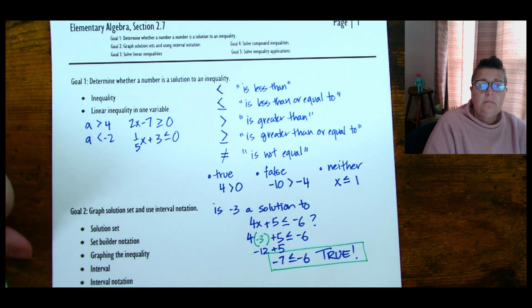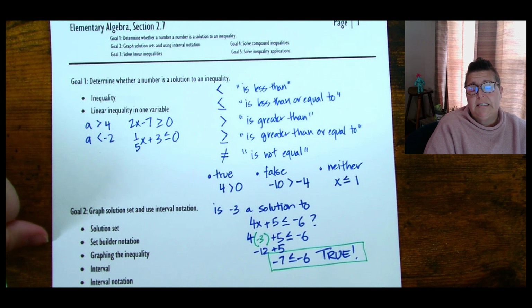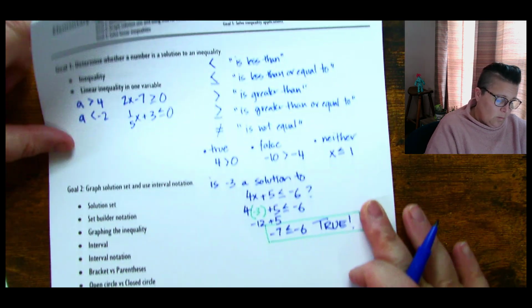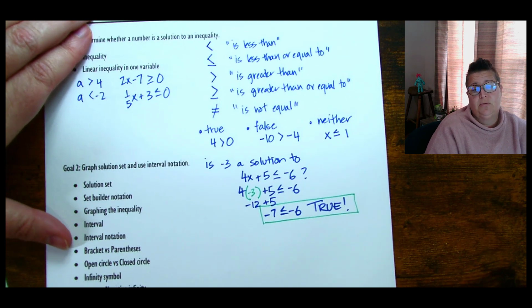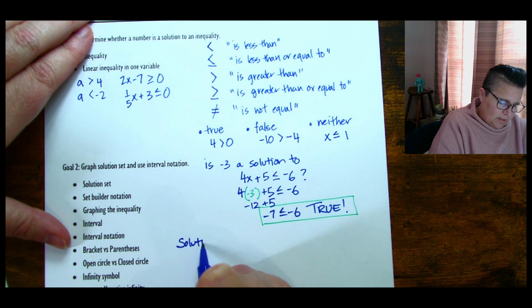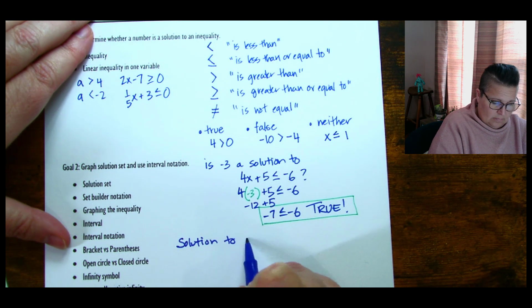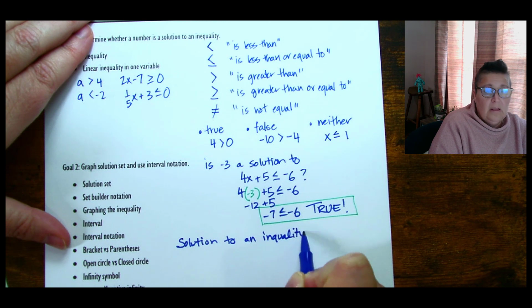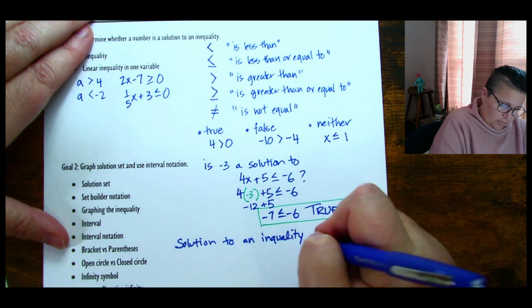Okay. The second piece of this particular section is that we want you to be able to graph solution sets and to use interval notation. When we have a solution to an inequality, the solution to an inequality is not a singular number.